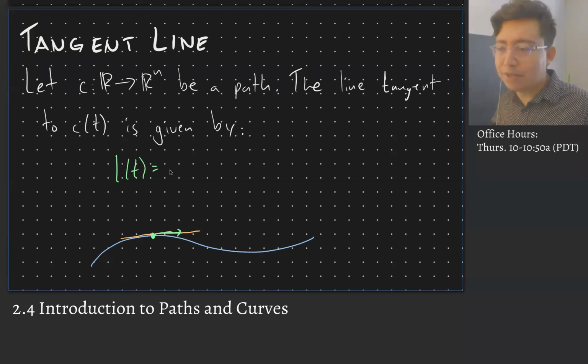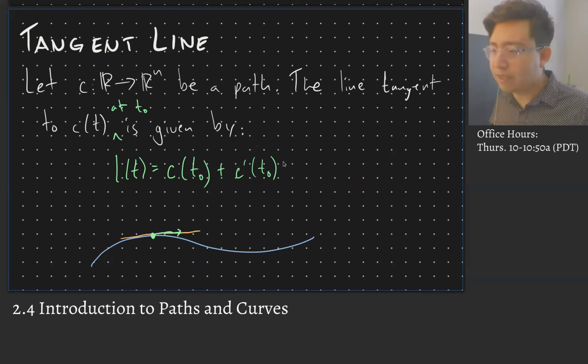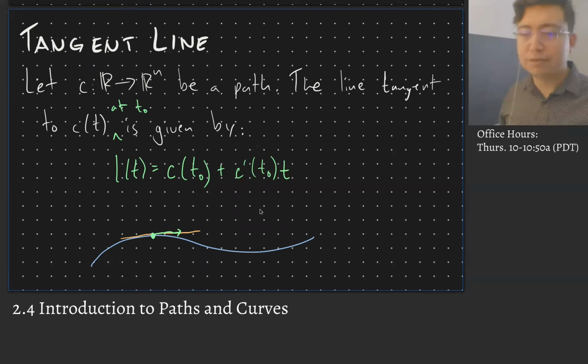And so the equation for the tangent line of C at t naught is the point C at t naught plus the derivative at that point times t, right? Because remember, this is the point you're going through, and this is the direction vector, and so this becomes your equation for the line.